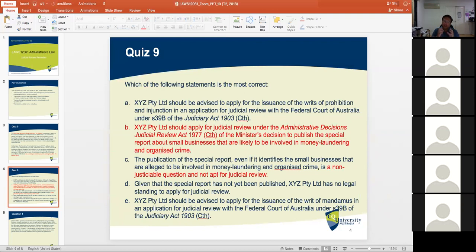There is an actual controversy involving the rights, freedoms, liberties, or interests of an individual. So it has to be an actual controversy, and it involves the rights, interests, legitimate expectations, liberties or freedoms of an individual. If it's hypothetical, then there is no matter, and in that case, you will have a non-justiciable question.